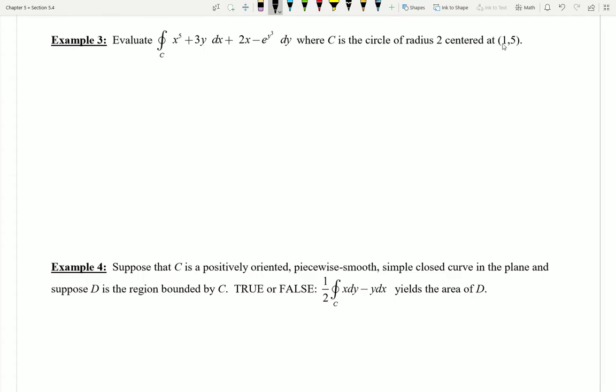All right. Well, one thing that I might notice immediately is that if I have a circle of radius 2, and it's already indicated here that it has positive orientation, I can make the following notes immediately.